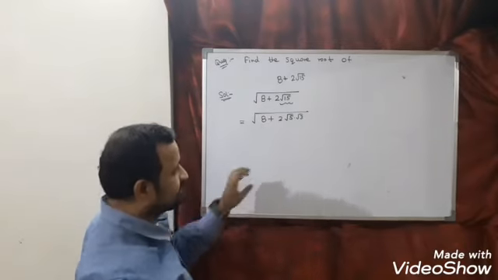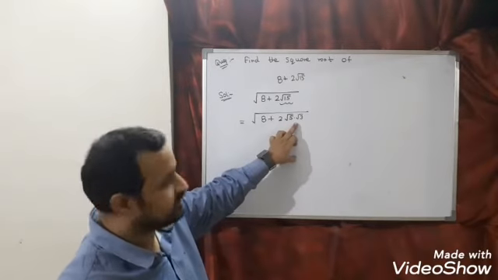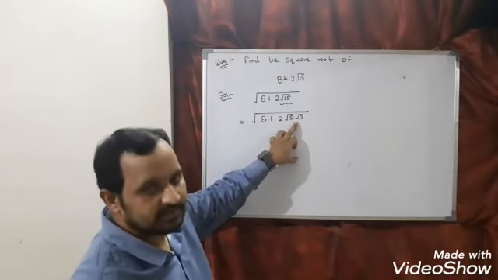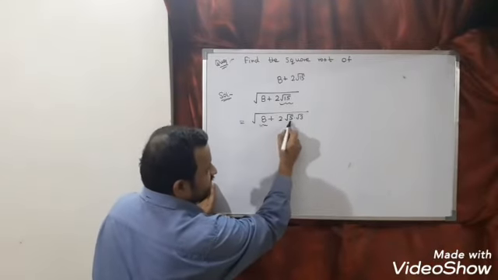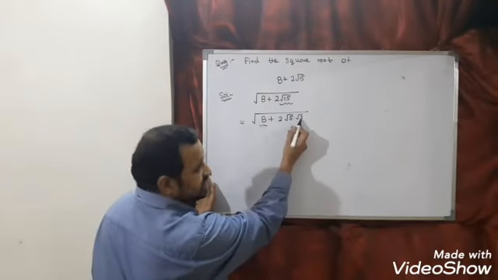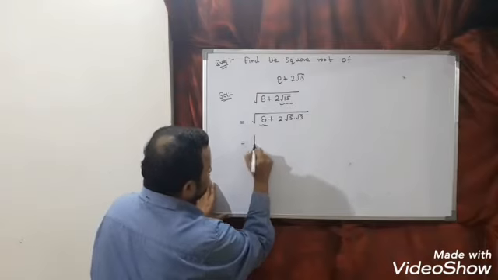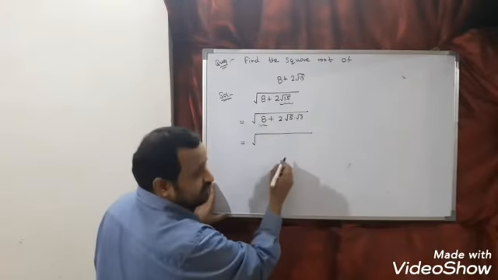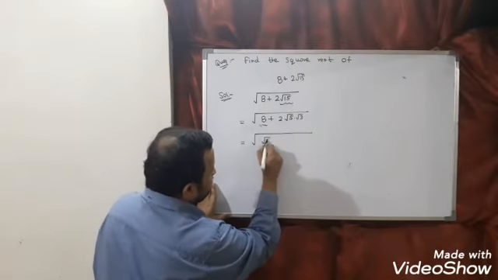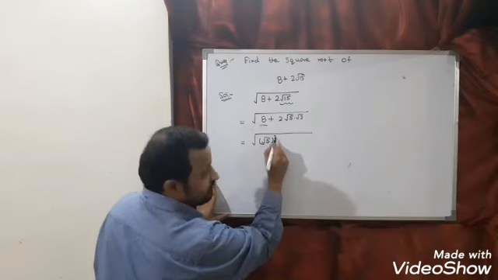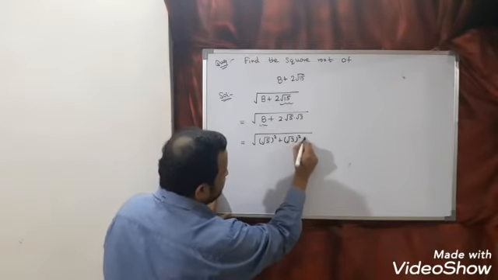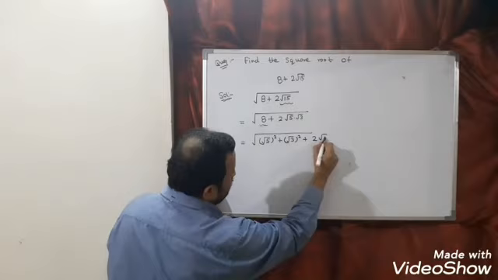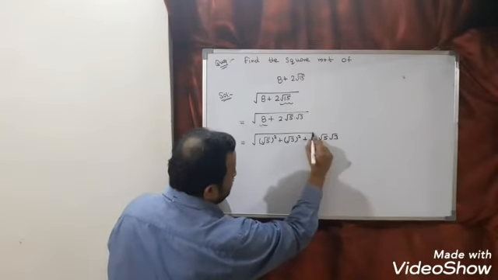Last class I told you root 5 into root 3 we can write as root over 15. Now this 8 can be written in terms of A and B. This is A, this is B. So 8 can be written in what way? Root 8 can be written as root 5 square plus root 3 square plus 2 root 5 into root 3.